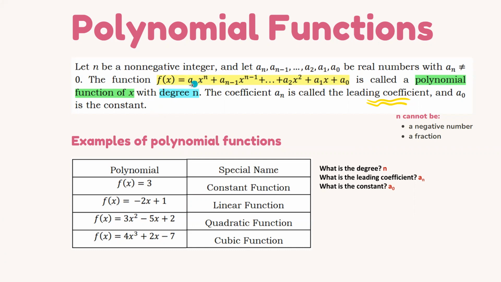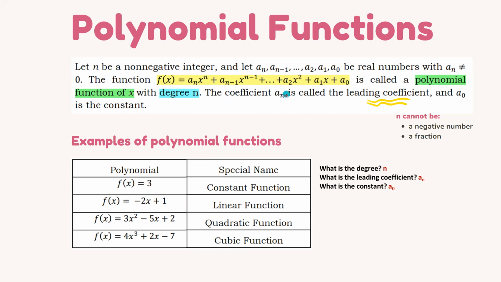A sub n should not be equal to 0, but the others in between could be equal to 0. So this is called the polynomial function of x with degree n. n is the largest exponent of your polynomial function.